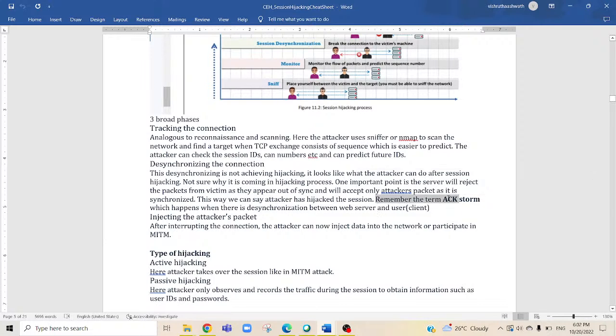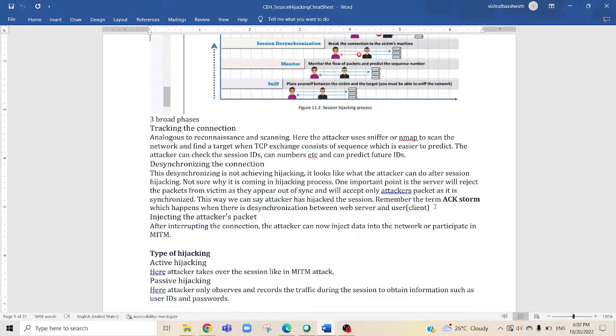Remember the term ACK storm. ACK storm is the term used in this phase, which happens when there is a desynchronization between the web server and the user client. Like the client will be sending the session IDs, which the server will be rejecting because it will be out of synchronization, and the attacker also will be sending the session ID to the server, which will be in sync.